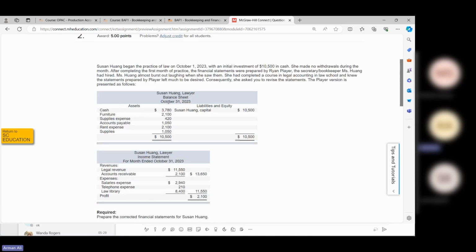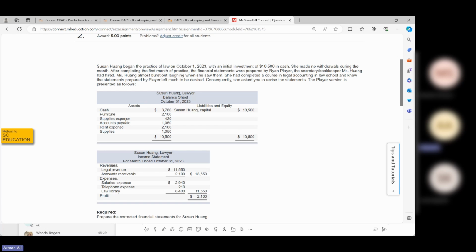So cash, and we can see the mistakes over here. A supplies expense is supposed to come. Supplies expense. What is supplies expense? Now they're confusing. I told you that supplies is an asset, but they're also attaching the word expense to it. So if it says expense, then I would take it in the income statement.